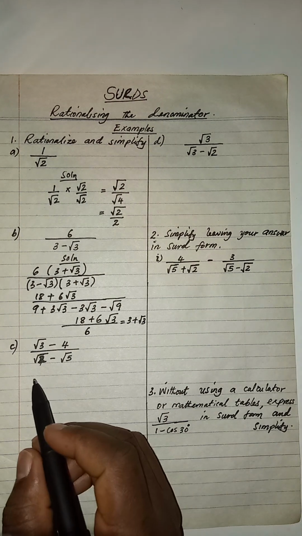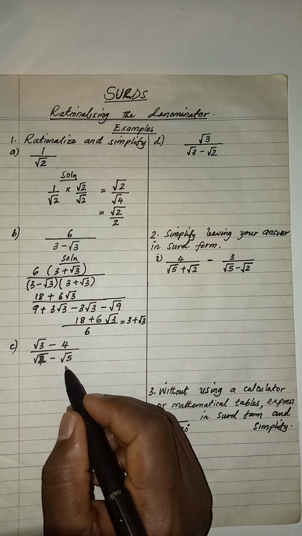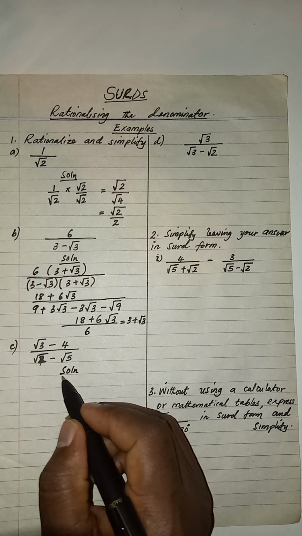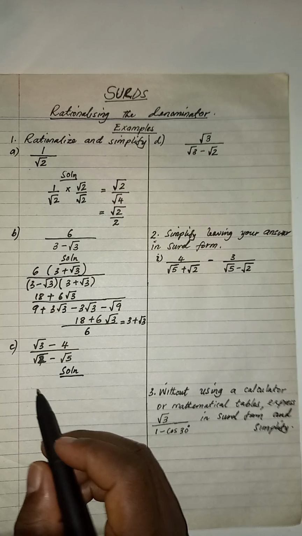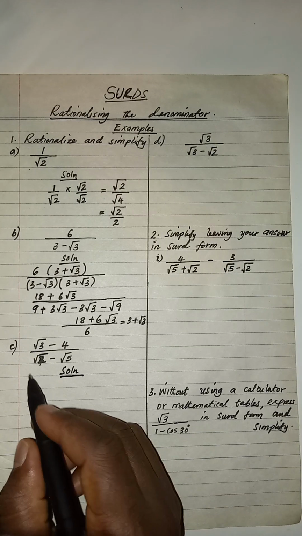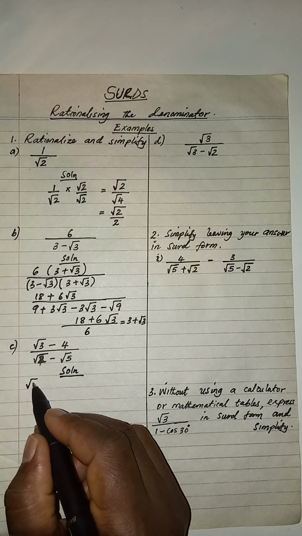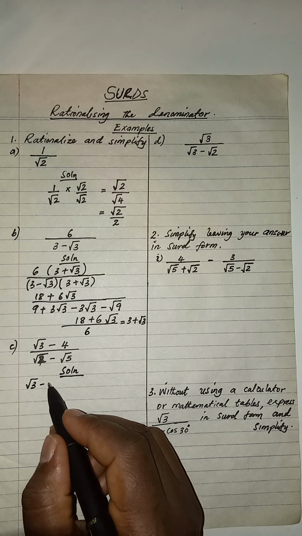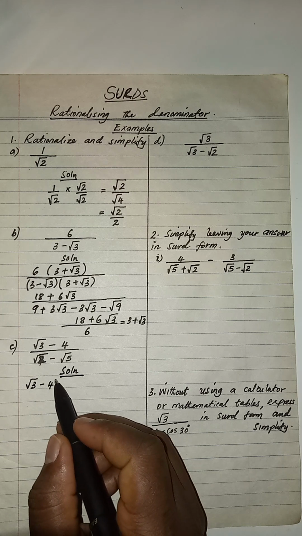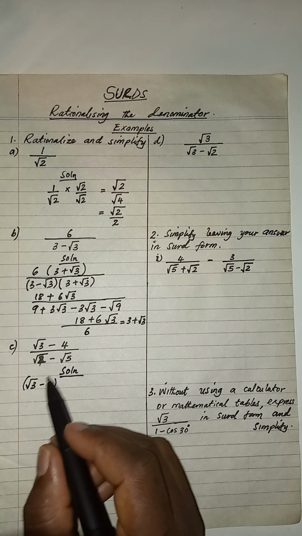Example C. This is root 3 minus 4 over root 2 minus root 5. We multiply by the conjugate of the denominator.